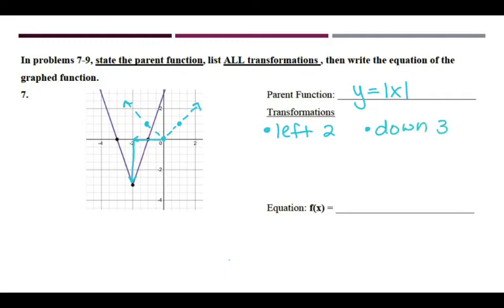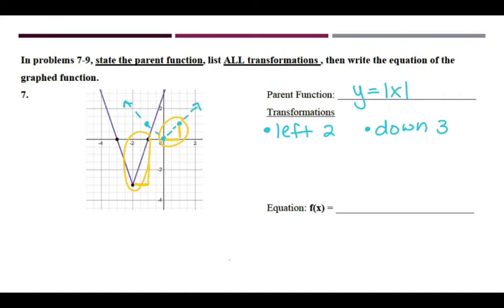I can also see that my points in my purple graph are further apart than they normally are in the parent function. So here's what I mean. I'm talking about these points over here. So with your parent function, they are 1 unit apart horizontally and 1 unit apart vertically. If I look at these 2 points, they're still 1 unit apart horizontally, so that means there is no horizontal stretch or compression.